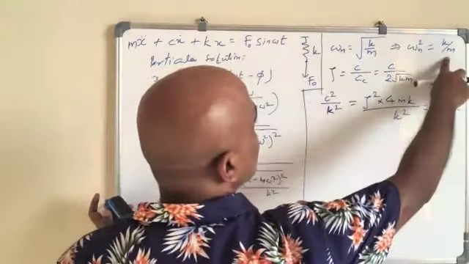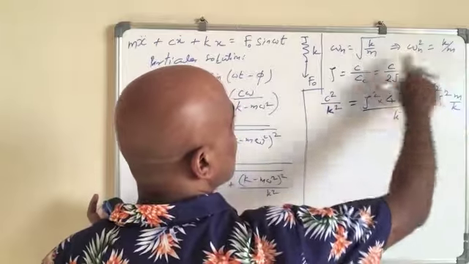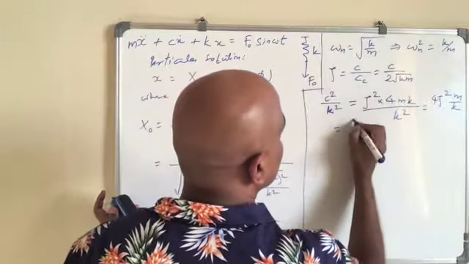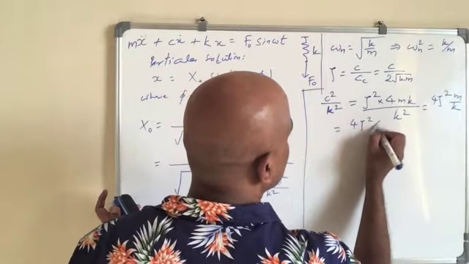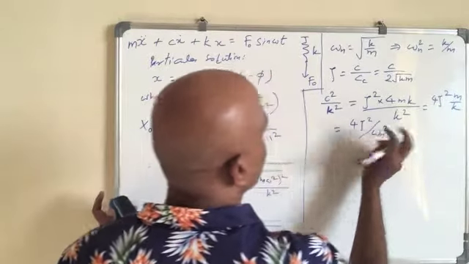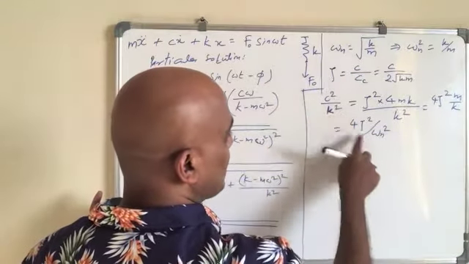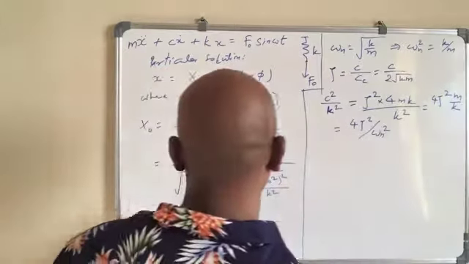But m over k is what? k over m is omega n square. So what we get is 4 zeta square over omega n square. So c square over k square is 4 zeta square over omega n square.